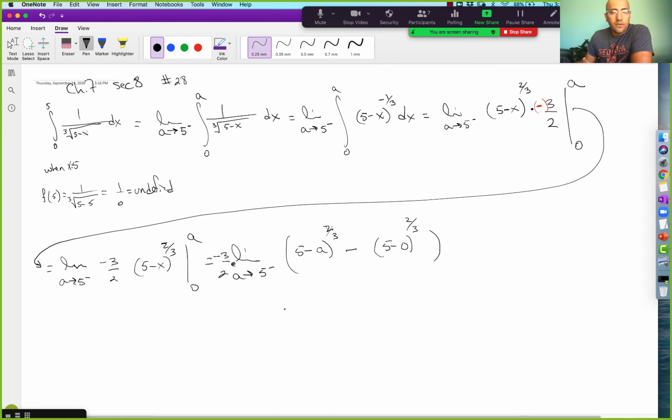That's just some constant number. I just really need to figure out what this is. Good. So this is negative 3 over 2 times the limit as A approaches 5 from the left-hand side of this function, 5 minus A to the power of 2/3, which is the same thing as the cube root of, and then that whole thing gets squared.